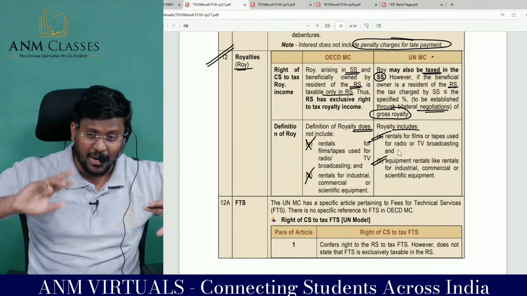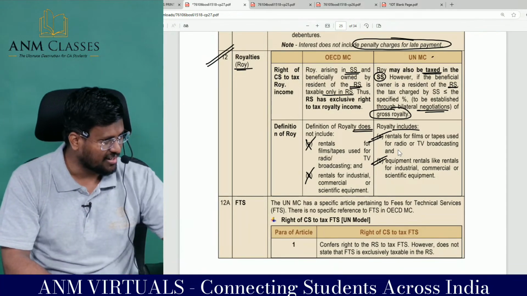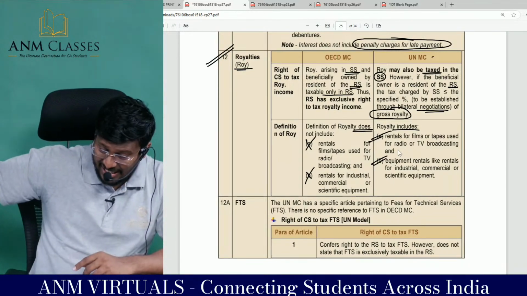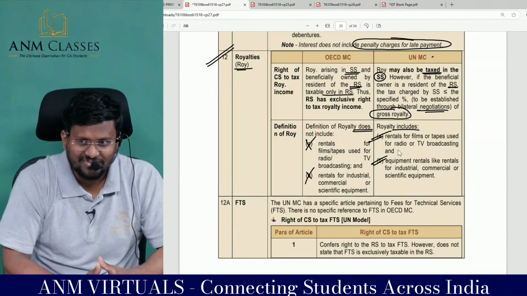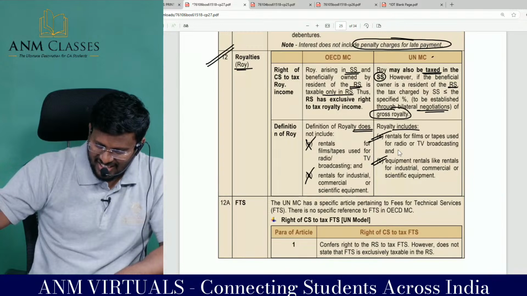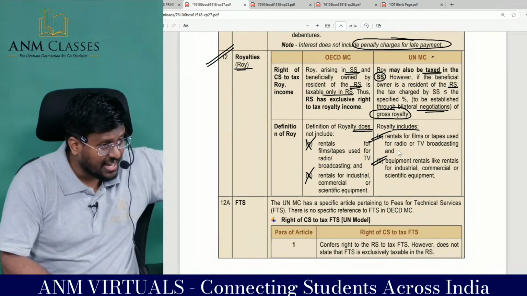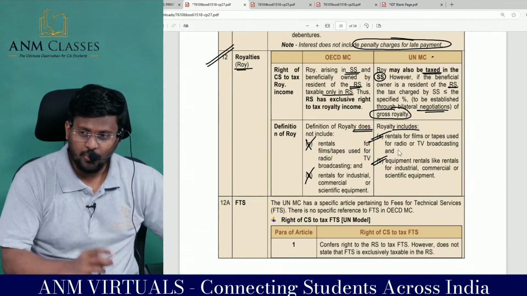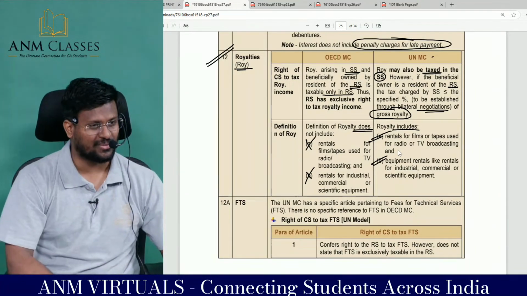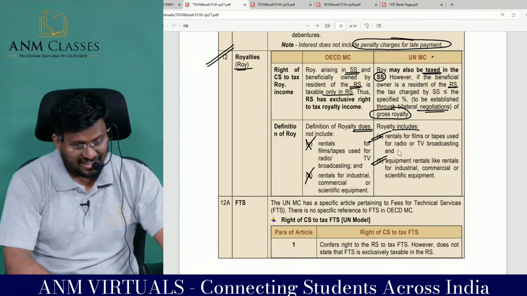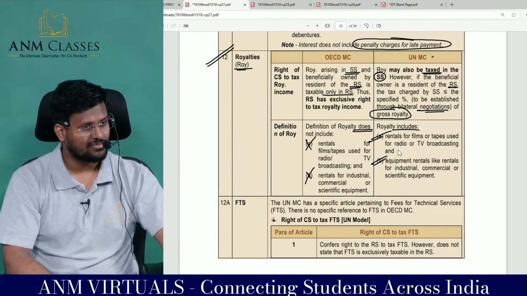Because once it becomes royalty only, as per the UN model tax convention, the source country gets the right. So if a non-resident is renting film or tapes and getting the rental income from India, we will treat it as royalty, because if it is treated as royalty, the source country will have the right to tax it. So India got the right to tax it. In India, 50% of the people like film, 50% of the people like sports. Correct.